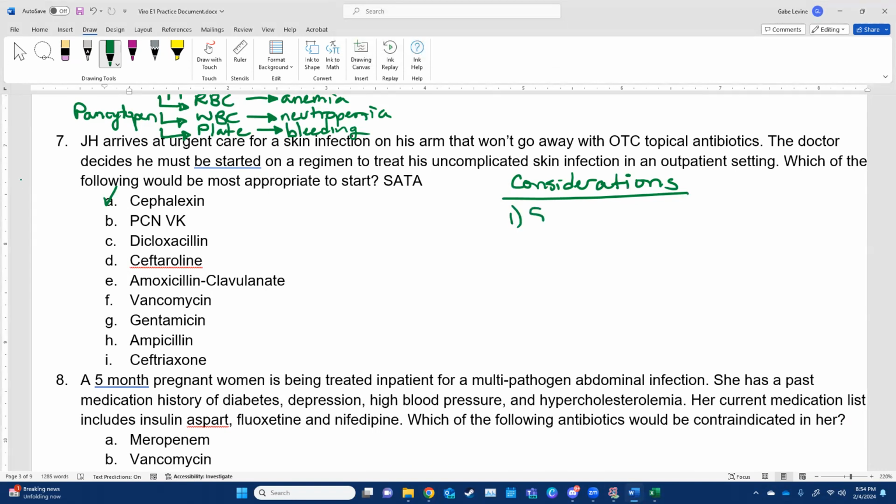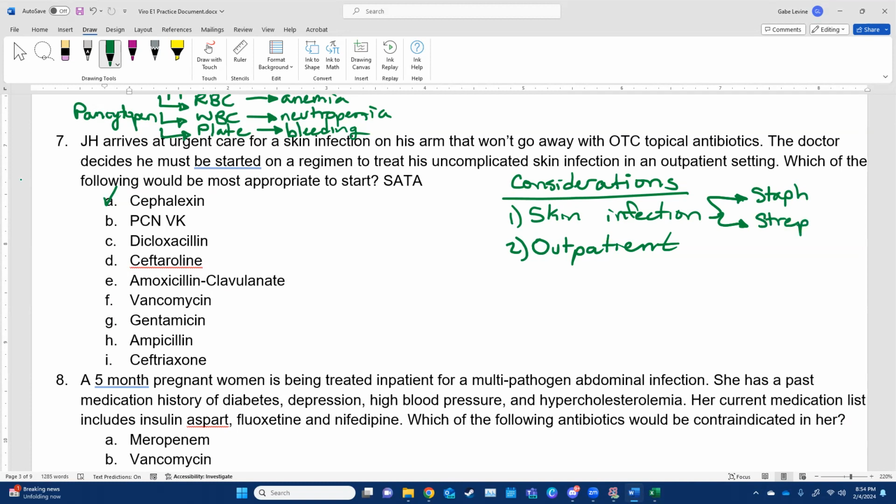Right? That we have a skin infection, and we're talking about an outpatient setting. So when we talk about skin infections, what are we primarily thinking about? Staph. Yep. And strep.